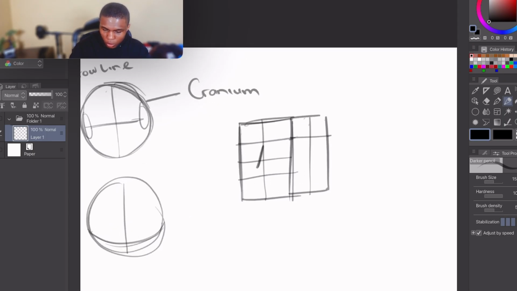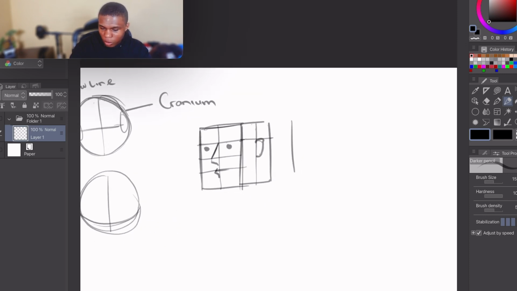So this could be your nose. Did I do that well? This could be your nose, and this could be your mouth, and your eyes will be here, and then you place your ear like this, and this could be the front view of the box you're drawing.